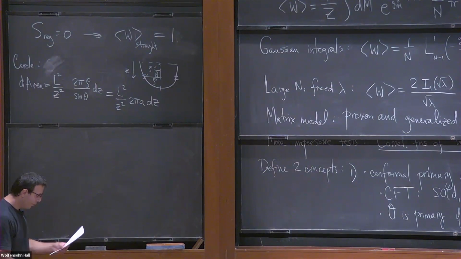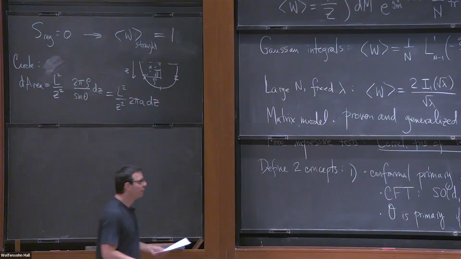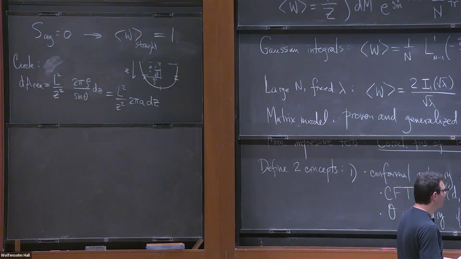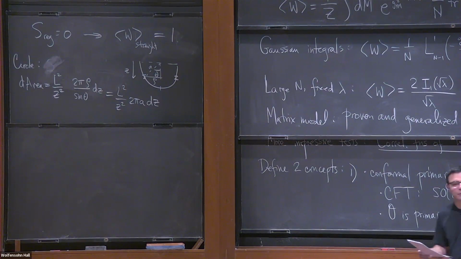Okay, so, well, it depends on what the arrow means. The idea is that if we make this transformation, then correlation functions will be invariant. Yes.